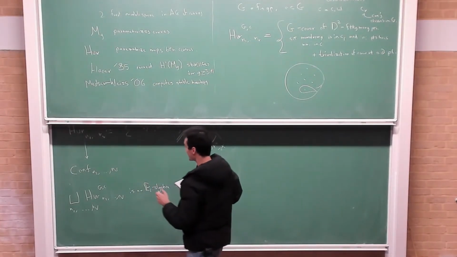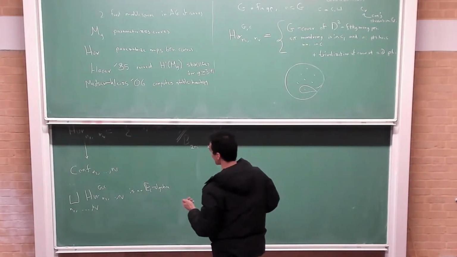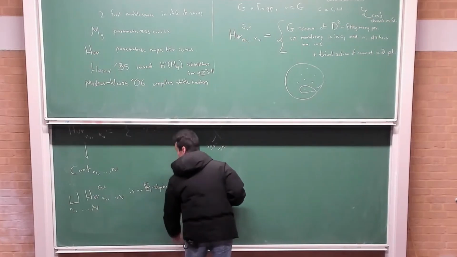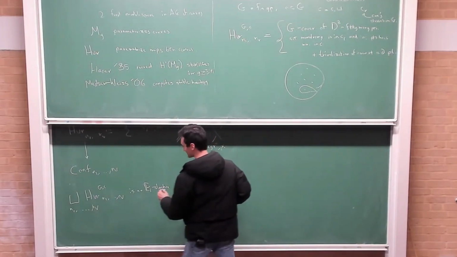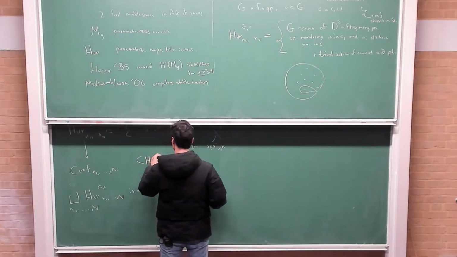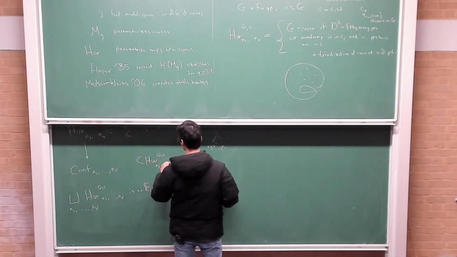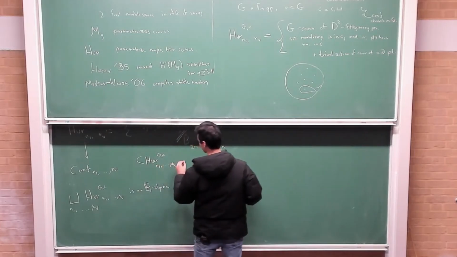I guess I also need to introduce the connected Hurwitz spaces. The connected Hurwitz space is just a collection of components inside the Hurwitz space, namely the ones that correspond to connected covers.